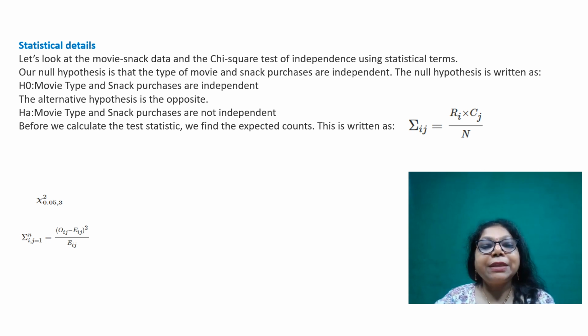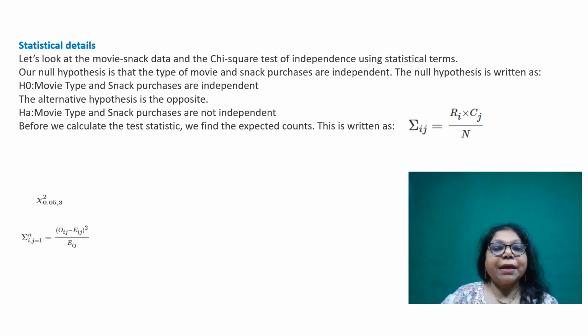We perform these same steps in the movie snack example. The formula shows O_ij, the observed count for the ijth combination, and E_ij, the expected count of the combination. For the movie snack example, we had 4 rows and 2 columns, so we had 8 combinations.